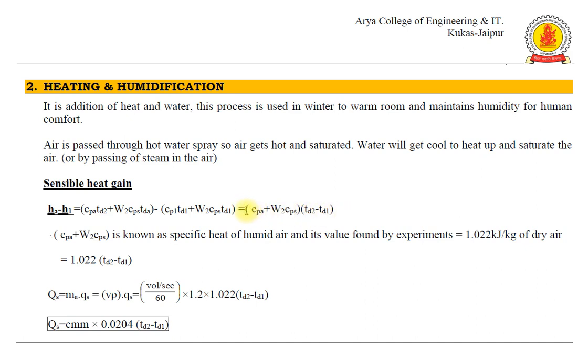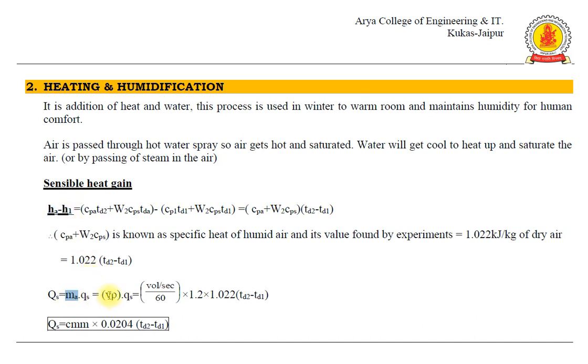Now in this equation, this term is known as specific heat of humid air and its value found by experiment is 1.022 kilojoule per kg of dry air. So net HA minus H1 will be 1.022 into TD2 minus TD1. This is for unit volume. So total heat gain will be mass into this unit quantity. I have used QS subscript as HA minus H1.